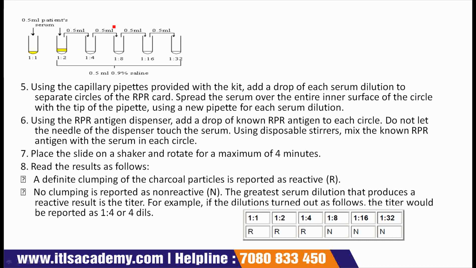In the next step, using the RPR antigen dispenser, add a drop of known RPR antigen to each circle. Do not let the needle of the dispenser touch the serum.